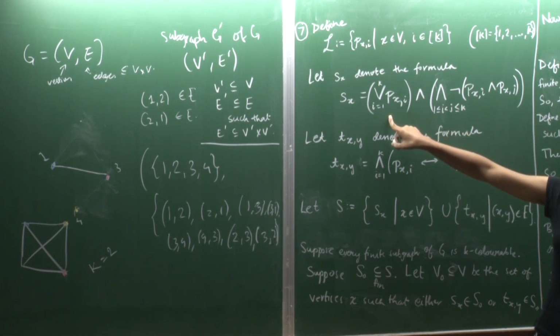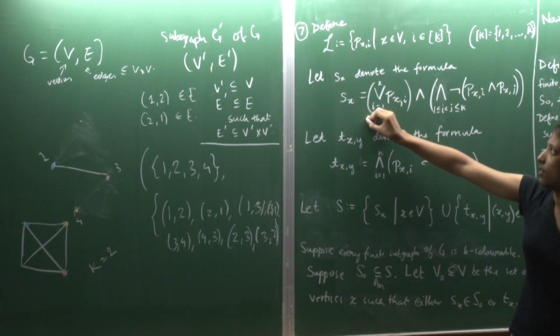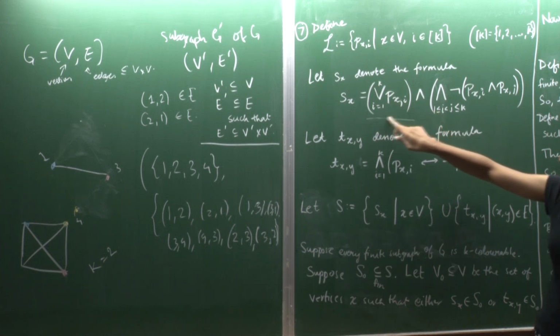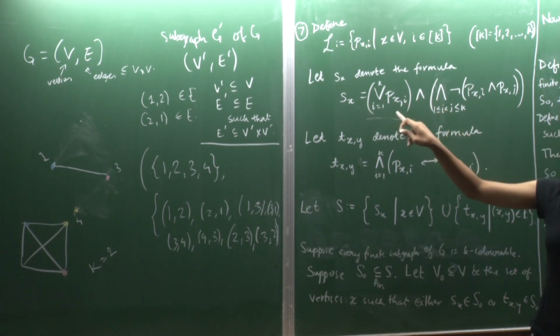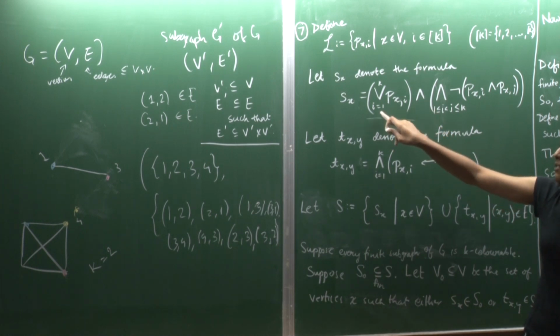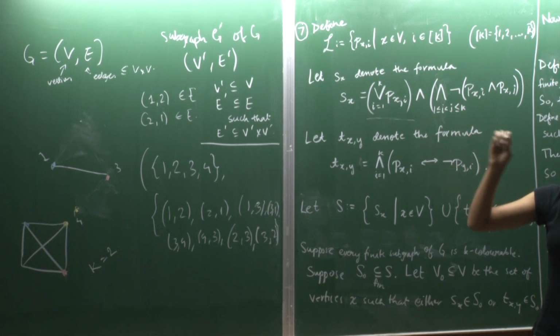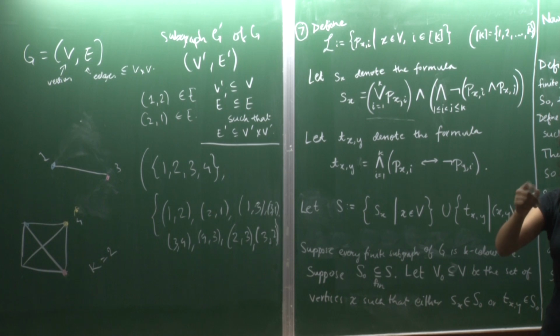So this is what that formula denotes. What it says is that it's the join of all the Pxi's, where i iterates over the colors while x is fixed, right? So if you want the formula to be satisfied, you would want at least one Pxi to be true, which means that your vertex x receives at least one color, right? Is anybody lost? Okay.